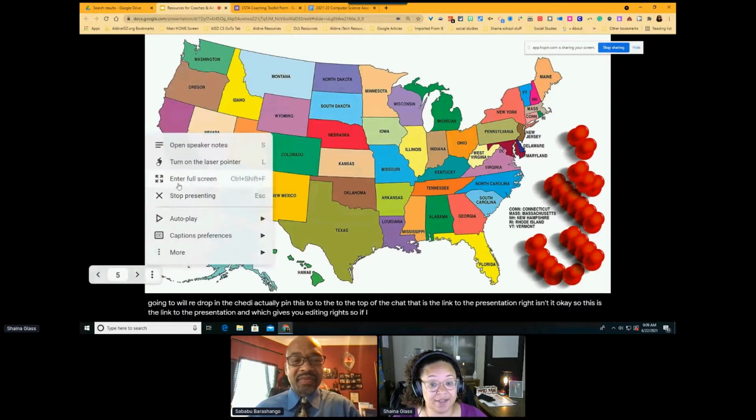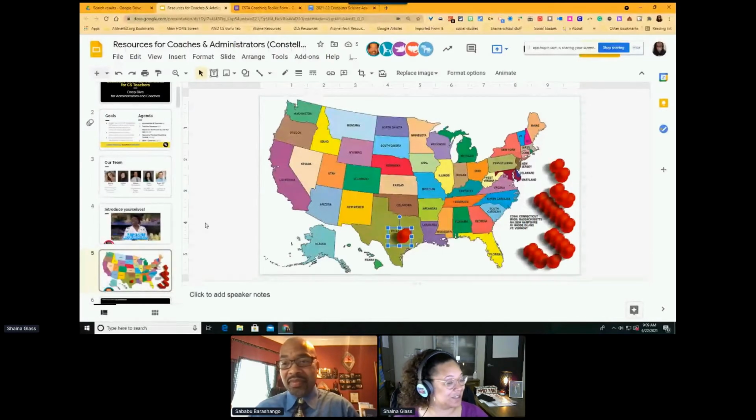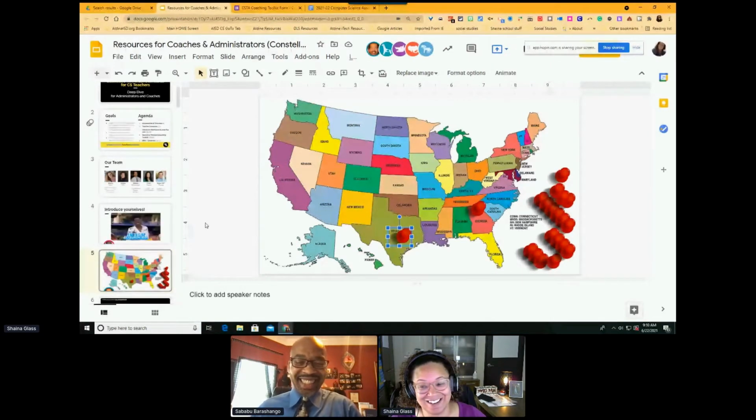So if I stop presenting, you can grab one of the pins to tell us where you're located. I know the Constellations is situated in the state of Georgia, but I have a feeling we may have people from outside of Georgia in the room. So grab a pin and move it and let us know where you are. And if everybody's in Georgia, that's great. I'm actually in Texas.